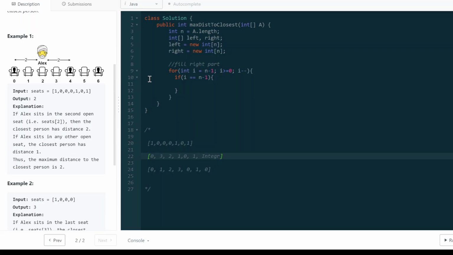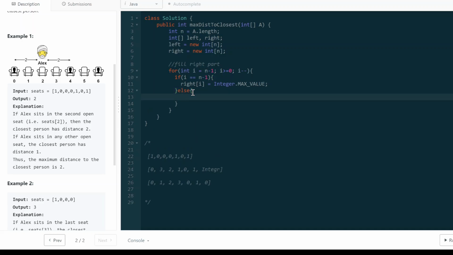We just need to focus on the left part, right? So if I equals n minus 1, I'm going to just say right of I equals Integer.MAX_VALUE. Again, why is this so? Because we don't care about whoever is sitting on the right. If it's the rightmost element, there will be no right, so the answer wholly depends on the left part.